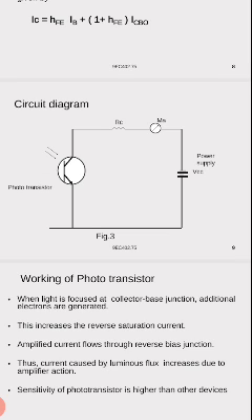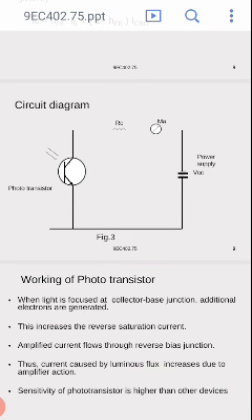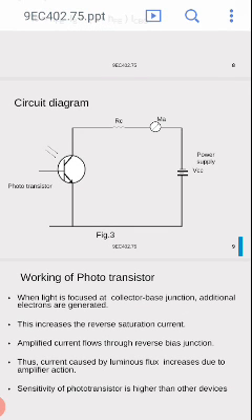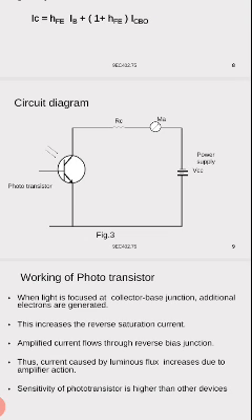Here, what happens? Base is kept open, and whenever light falls on the base, electron hole pairs are generated. When electron hole pairs are generated, automatically conduction increases.